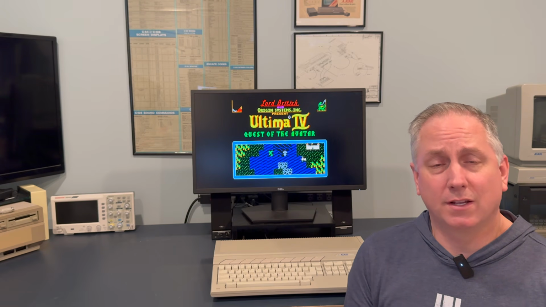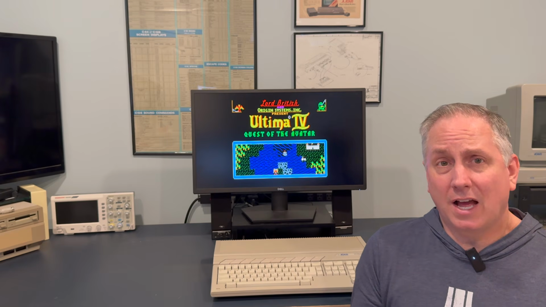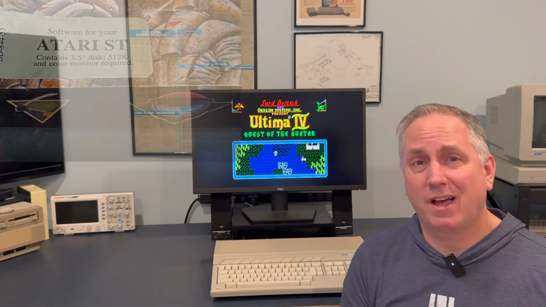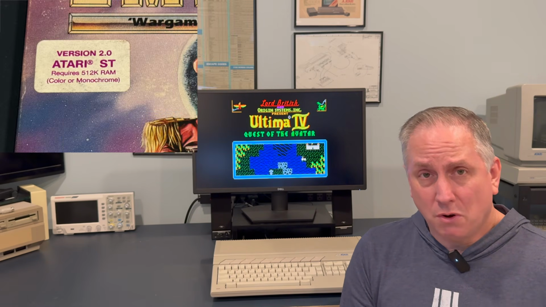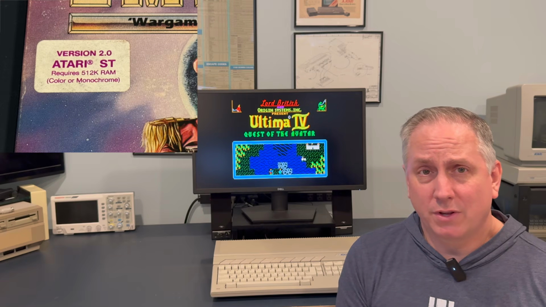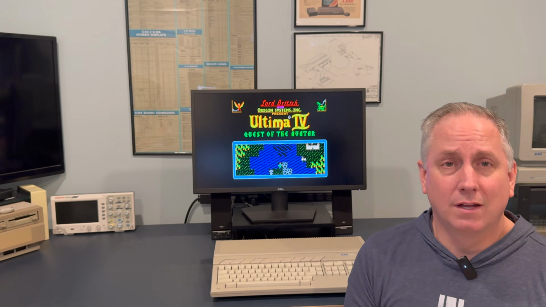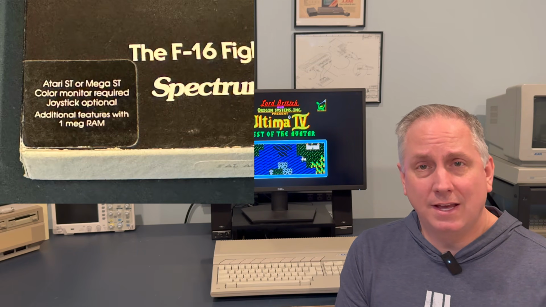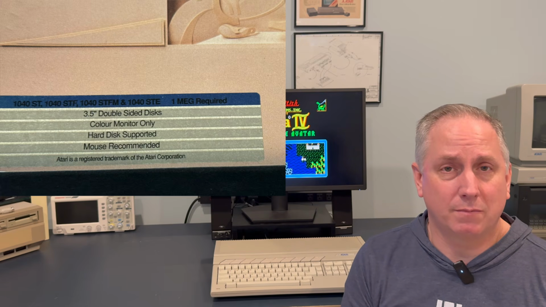Why would you want to get a little more RAM in your Atari ST, especially today? If you look at the library of software, the majority of that library was written with the 520 ST in mind, the base configuration. And so the majority of that software that is available does run on the 520 ST. However, later in the life cycle, say early 90s and later, you start seeing more and more software requiring 1 megabyte of RAM.